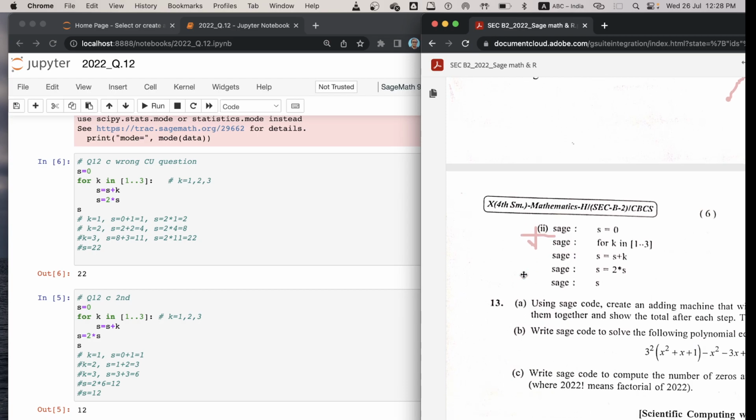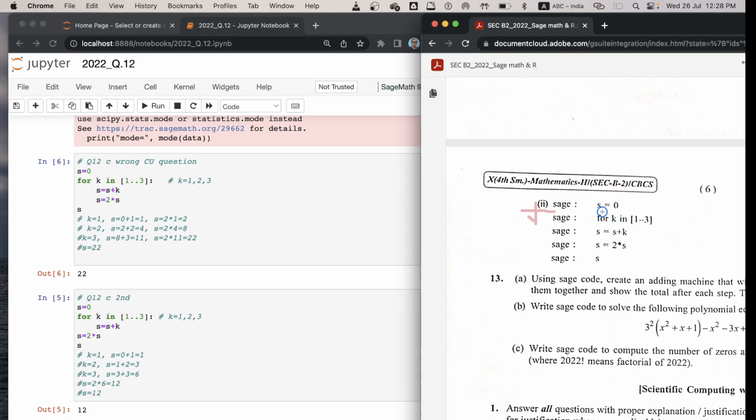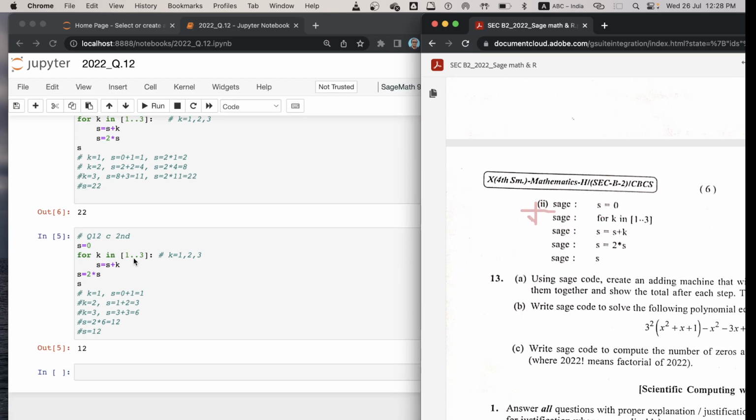And next, the second part of this question. s equal to 0, for k in third bracket 1 dot 3, but there is no colon, put a colon here. And here also k equal to 1 to 3, and this s equal to s plus k is within indentation, so put indentation before s equals to s plus k.